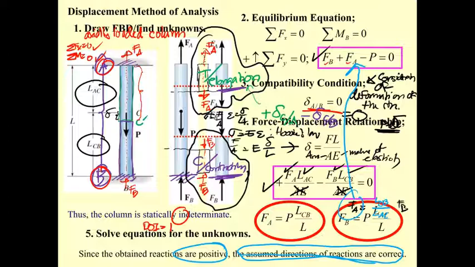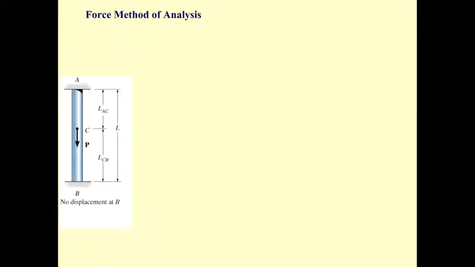You may see first we draw the free body diagram, and we use the equation of equilibrium, then the compatibility condition, and then the force-displacement relationship. Next, for the force method, again we have the axially loaded structure as before, with F sub A and F sub B, and all of the forces are aligned, passing through the centroid of the section.